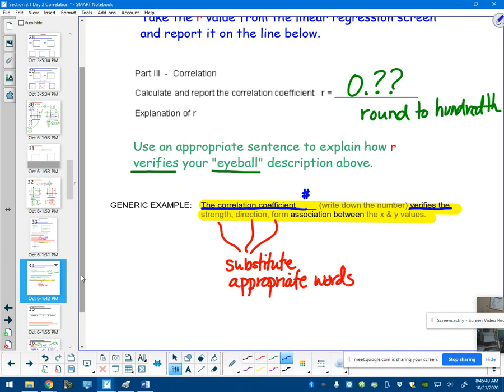And then we're also going to say association between. And then we're going to do minimal context today. M-I-N-I. So we really overdid the context yesterday, and because of that, we don't have to overdo it today.